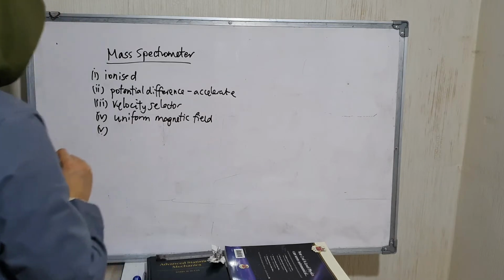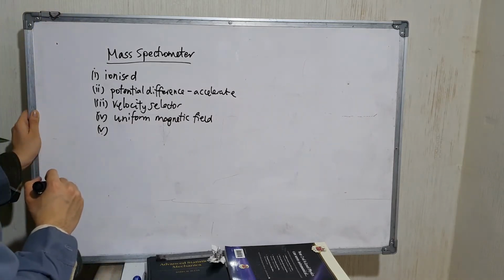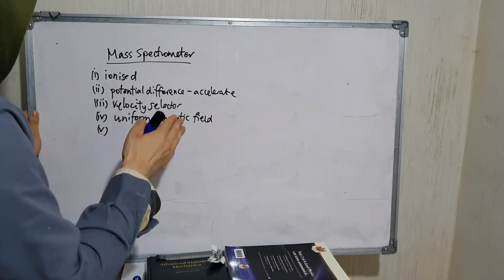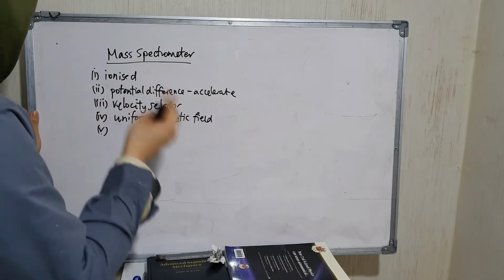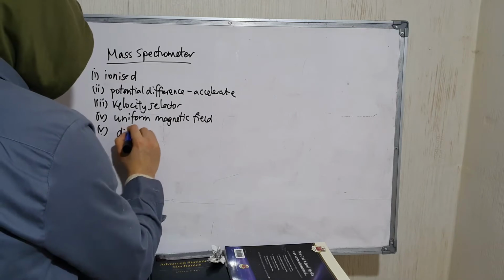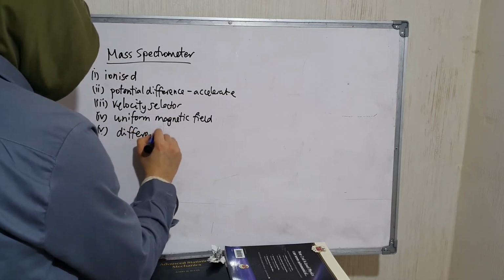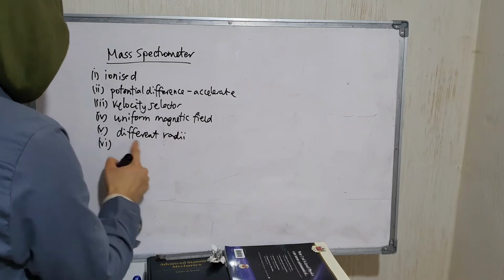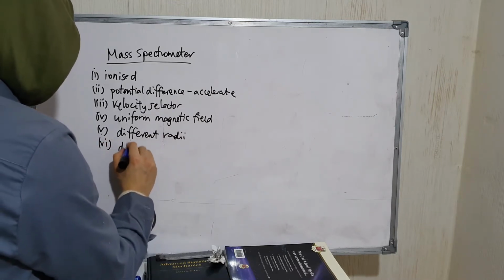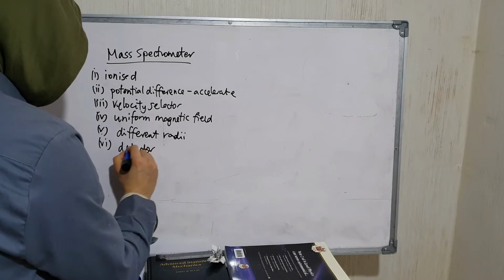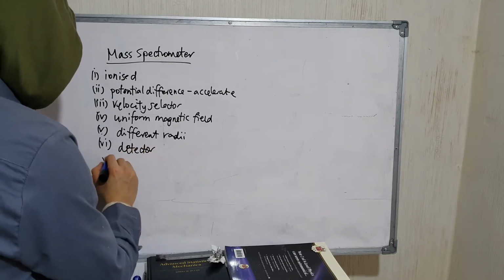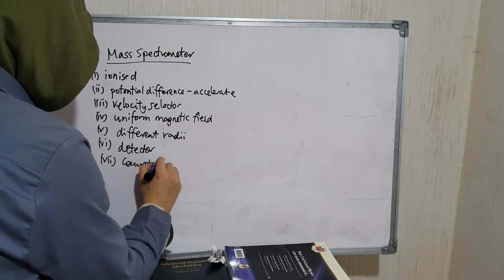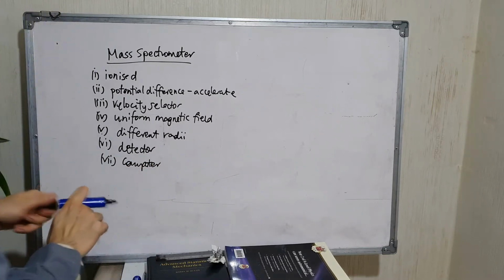And part 5, different substances, different ions, will have different radii. Then part 6, it goes through the detector, and then the computer analyzes the results.